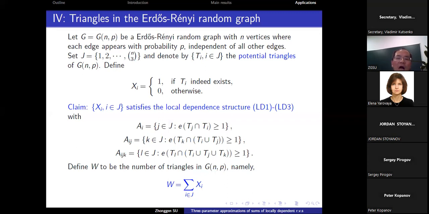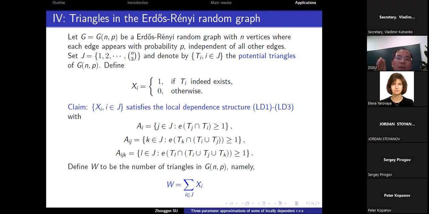So X_i, what is X_i? X_i is equal to 1 if T_i forms a triangle. Here T_i, just 3 vertices, is the potential triangles of this graph.